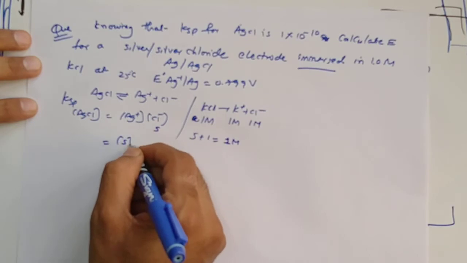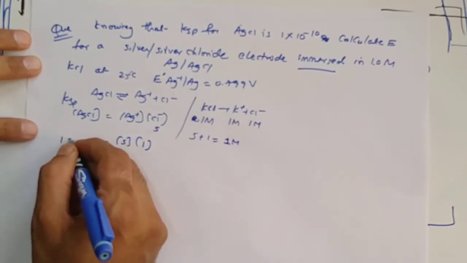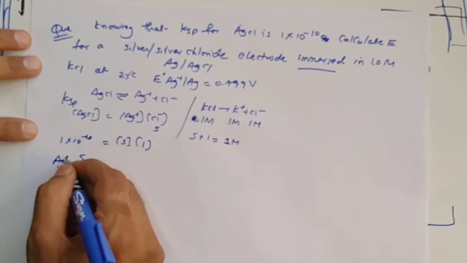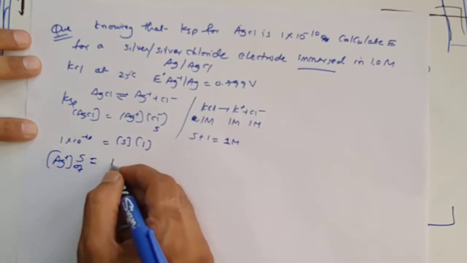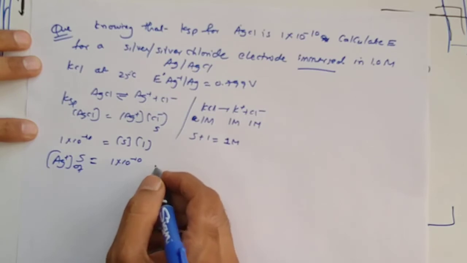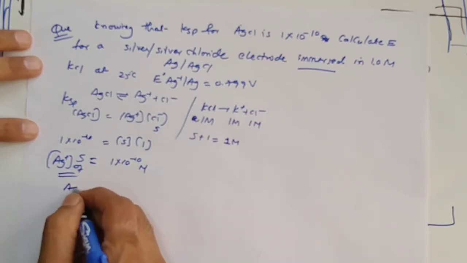So Ag plus is S, which is 1 into 10 raised to minus 10. Concentration of Ag plus is derived.